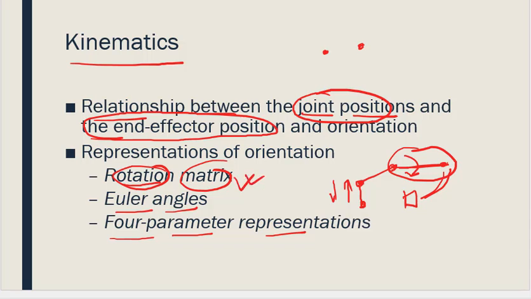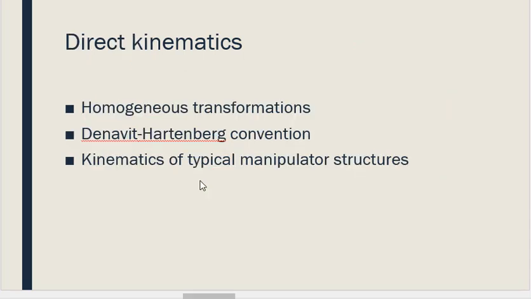Okay. Direct kinematics: there are different ways we can calculate this kinematics, with homogeneous transformations and the Denavit-Hartenberg convention. And kinematic typical manipulator structures. These are the manipulators.